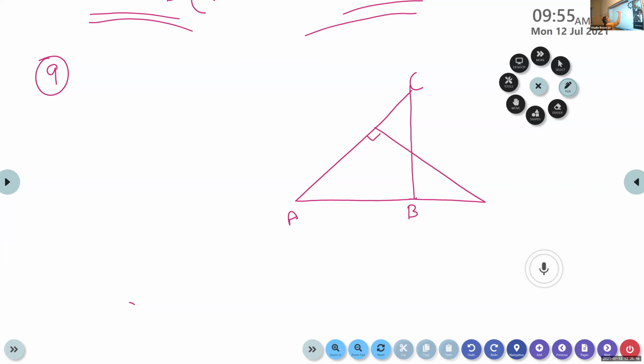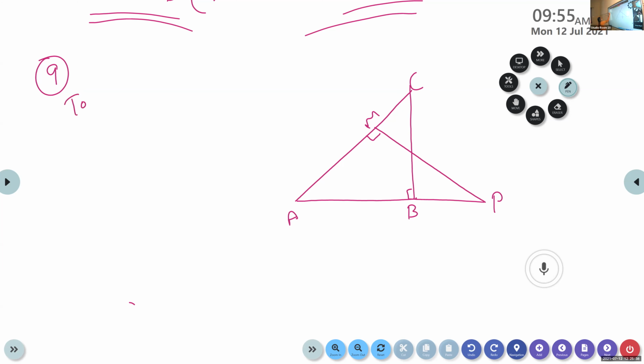This also is perpendicular, at M here also perpendicular. And what is given? ABC and AMP are two right triangles, right angle at B and M. Prove that ABC is similar to AMP.